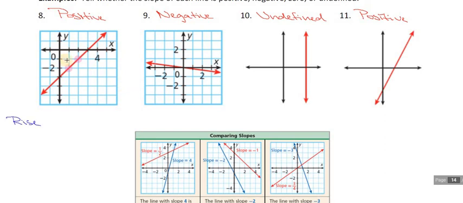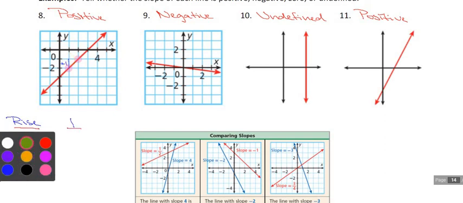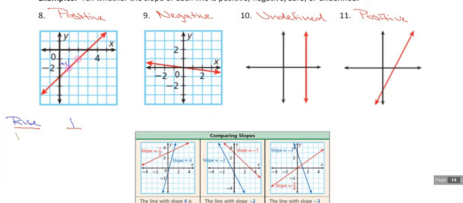my rise is going to be, well, let's make sure that each tick mark is 1 unit. On the X, 1, 2, 3, 4, good. On the Y, -1, -2, good. Okay, so on the rise, we go up 1. So our rise is +1 over our run. Over the run, once we go up and then turn the corner, we run to the right 1 unit.